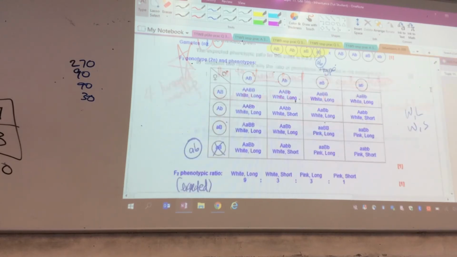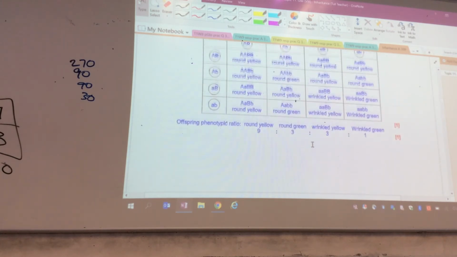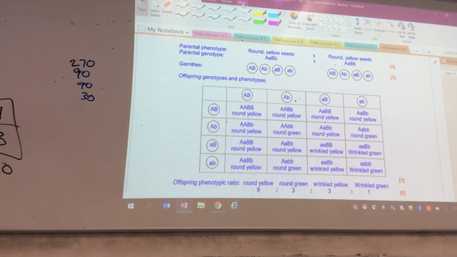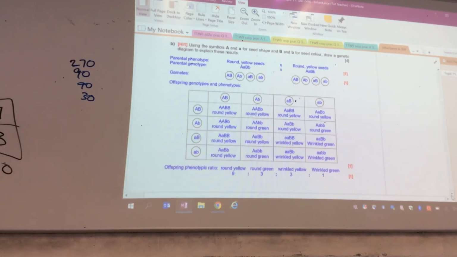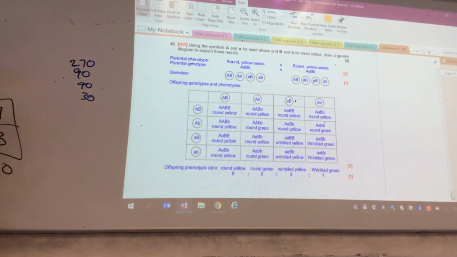It's a genetic diagram. Can you just check your answer? Okay, now can you please make sure that you write down where the marks allocation is.